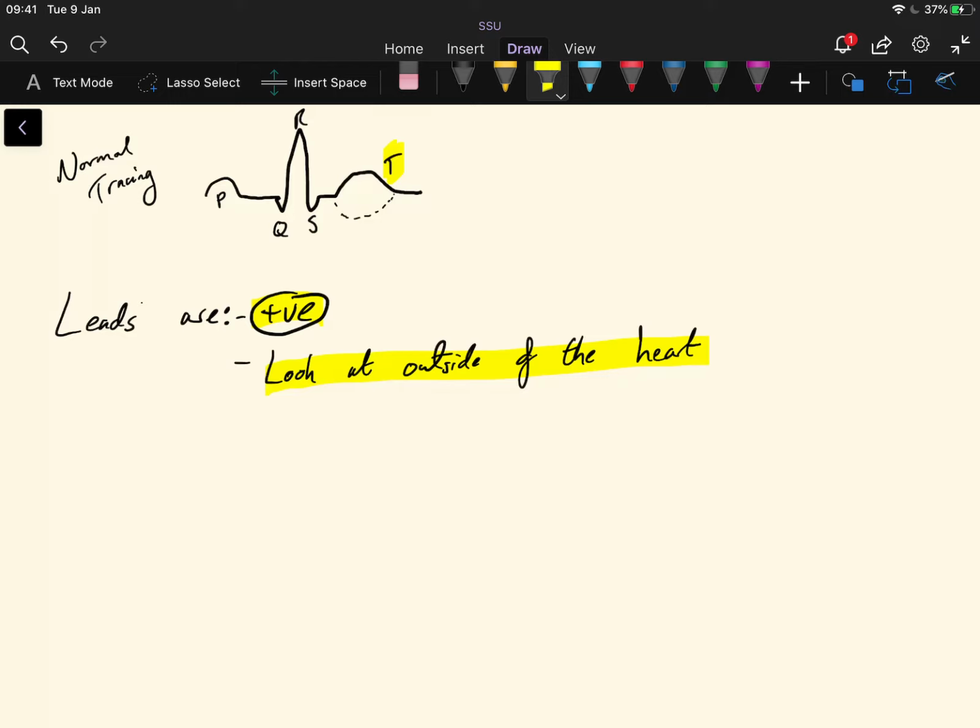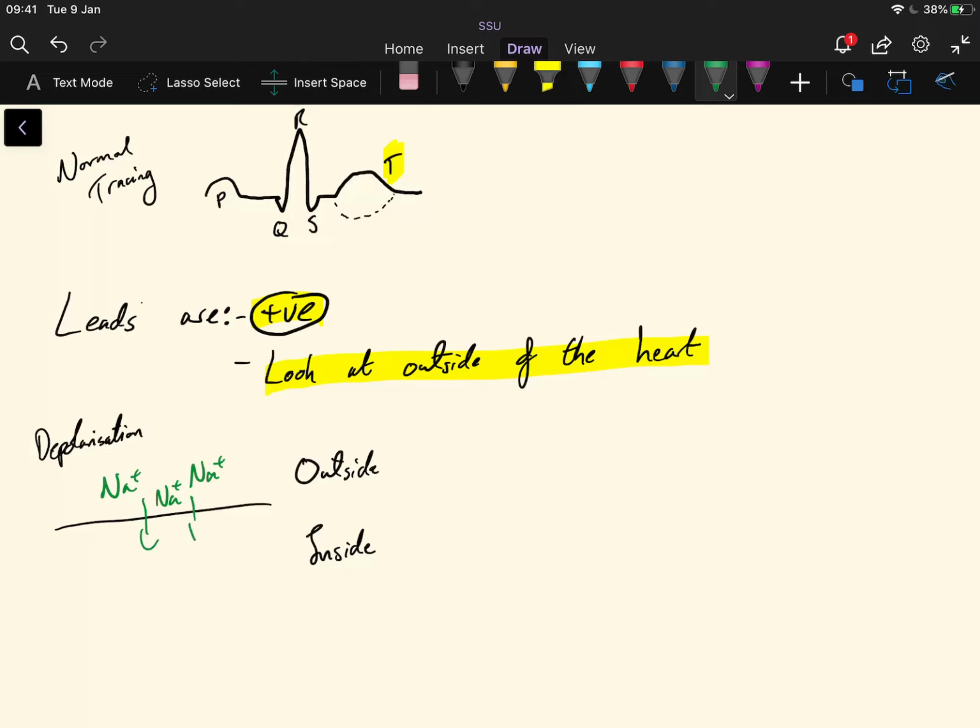So, when a myocyte depolarizes, let's draw a little diagram here. This is depolarization. This is the outside. This is the inside. What we have is the movement of sodium ions into the cell. So all these sodium ions here, they're going to move into the cell, like this.